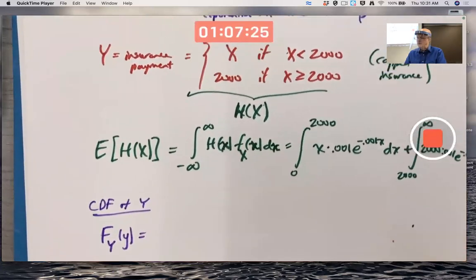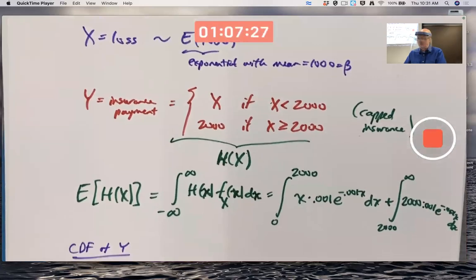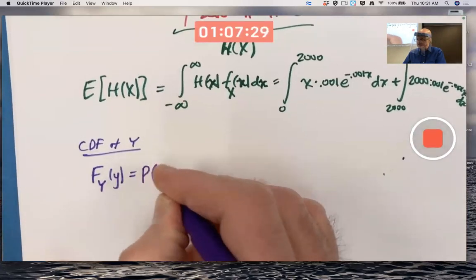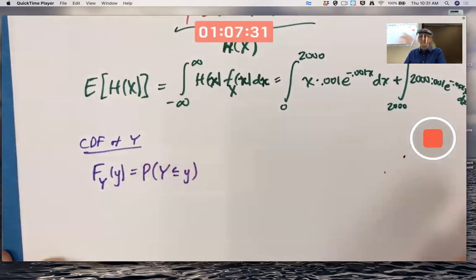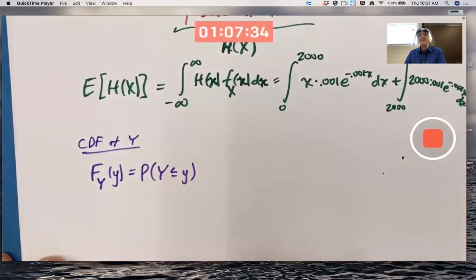Think about it intuitively here. Well, it's the probability that capital Y is less than or equal to a given little y. Once little y gets to 2,000 or above, the probability is 1.